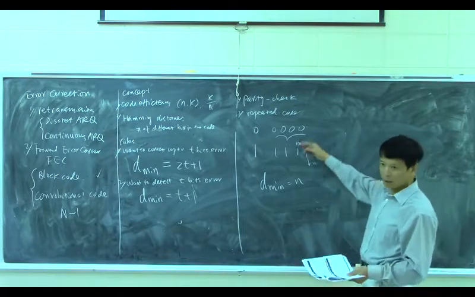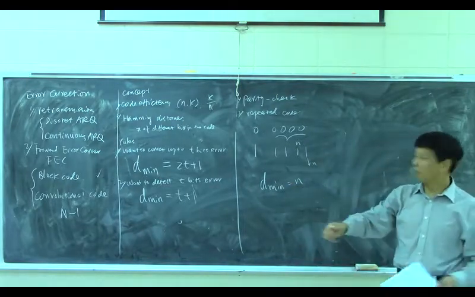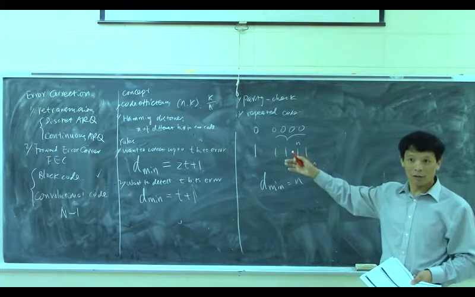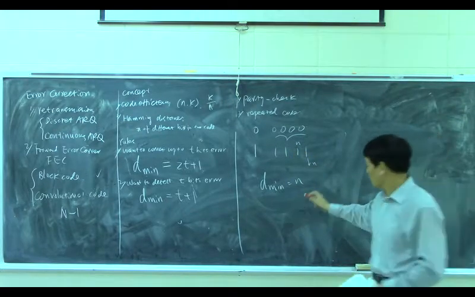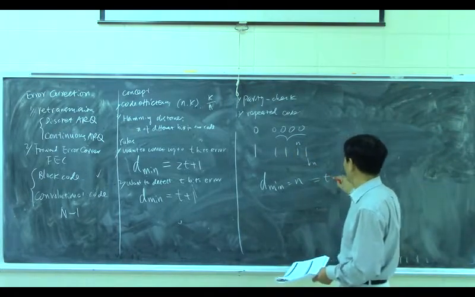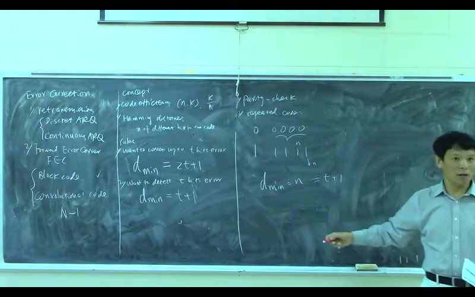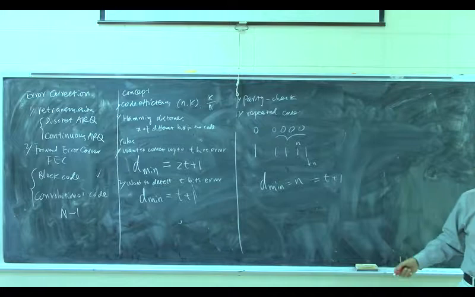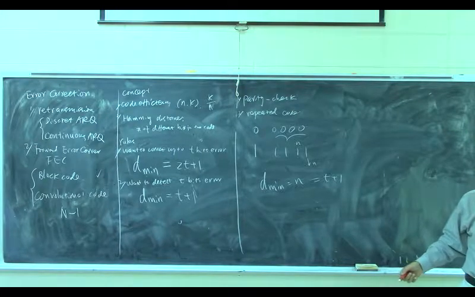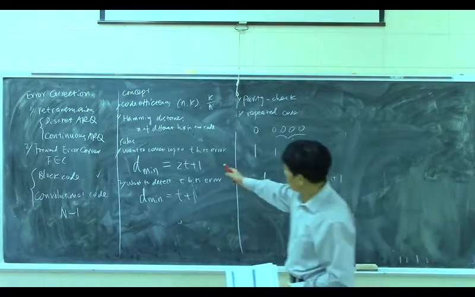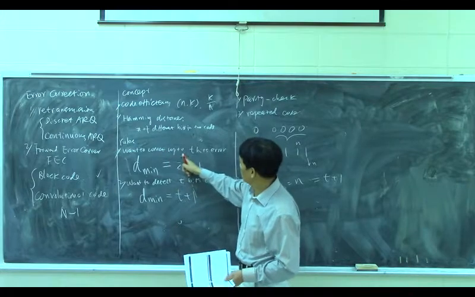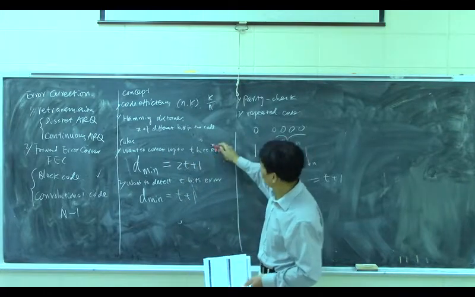If we transmit, we communicate with this set of code, how many? n minus 1. That's why d equals t plus 1, so t equals n minus 1. So you can correct the t minus 1 code, yes? That says on the rules we want to correct up to t bits of error.